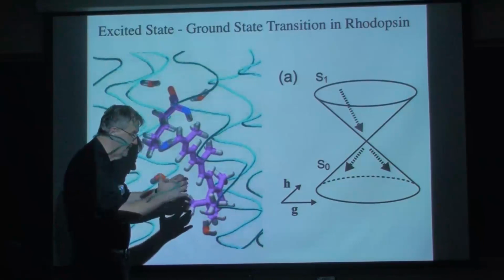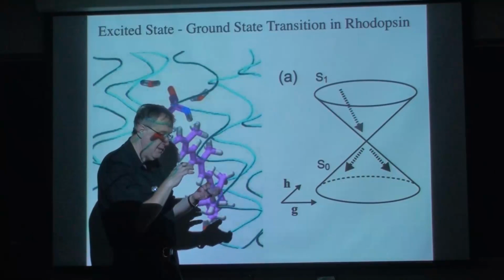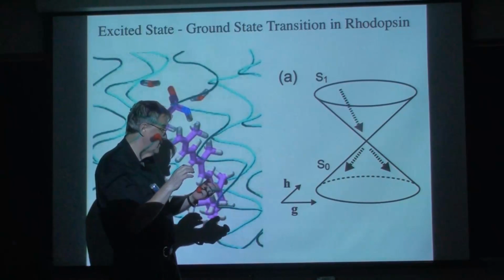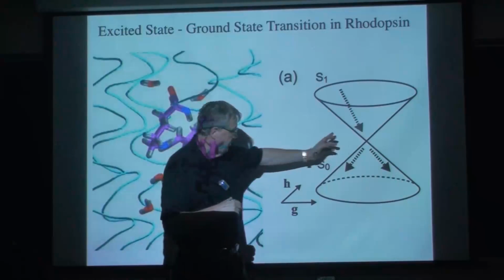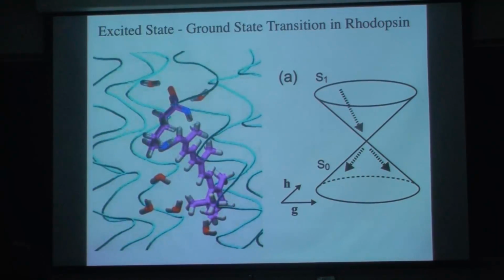Retinal was bent, and it was not happy in the rhodopsin, but it didn't move the rhodopsin to become a signaling state rhodopsin. Here it does. And so we would like to know what the chance is that we go there. Okay, so that's what we have to describe now. And so let's do that then.